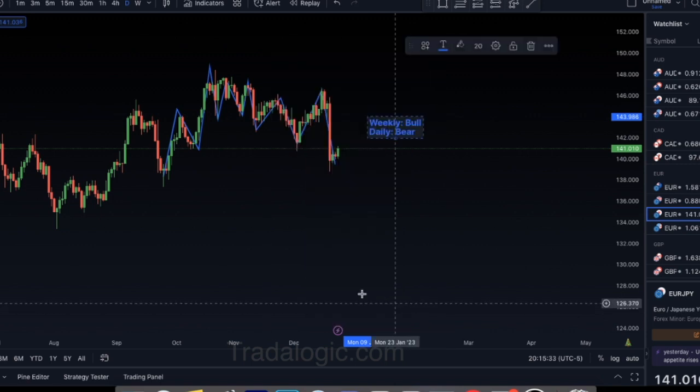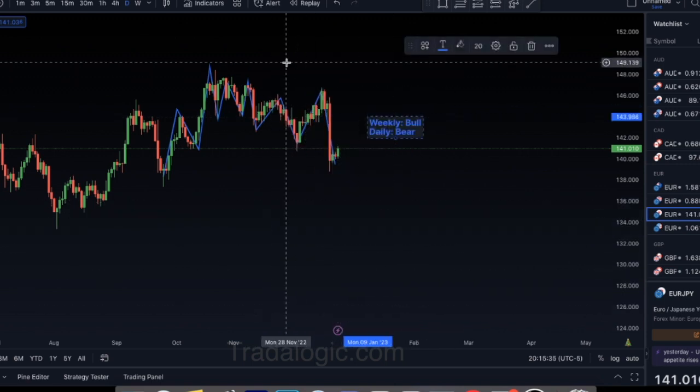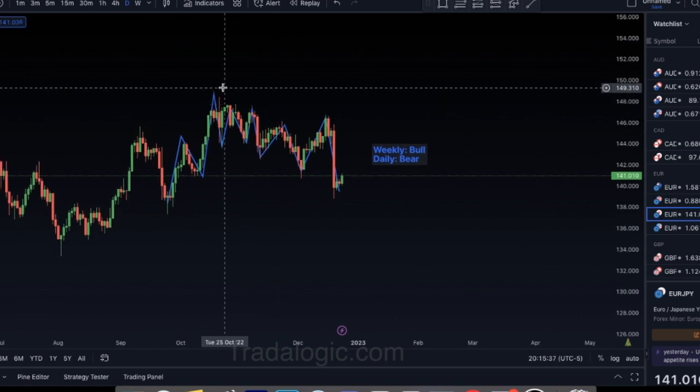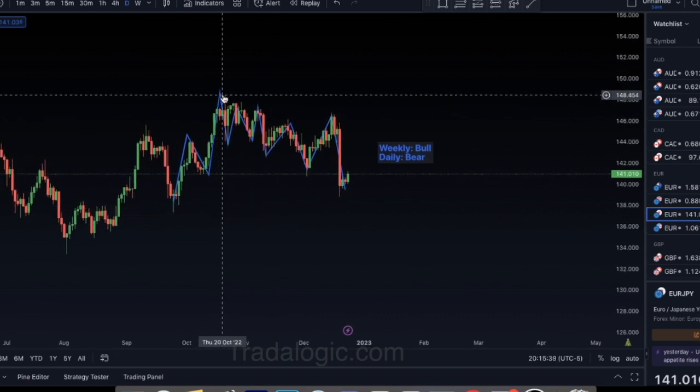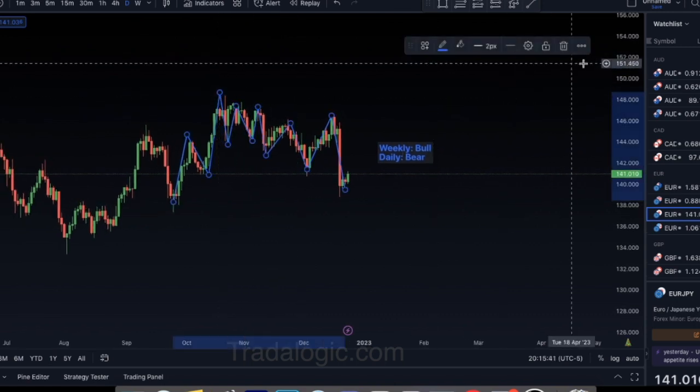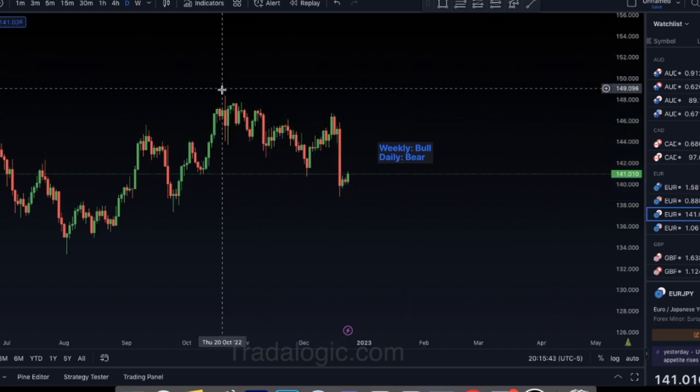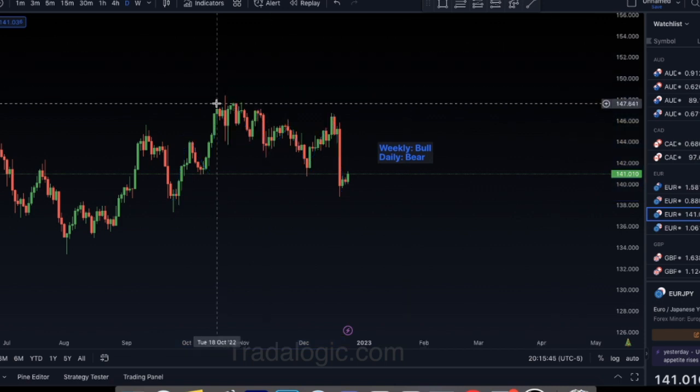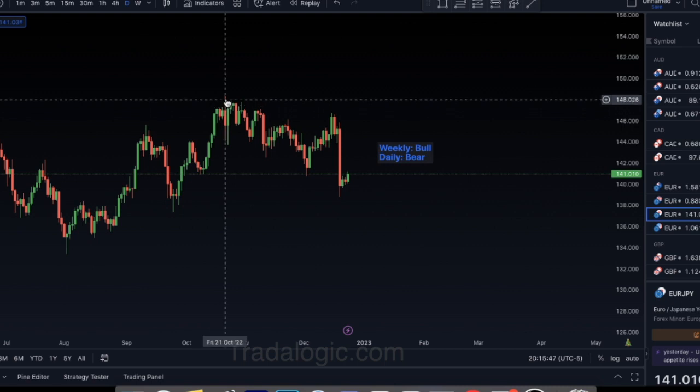On the daily, we have a bearish trend. We're gonna get rid of this, and then we're gonna have to draw our support and resistance down.